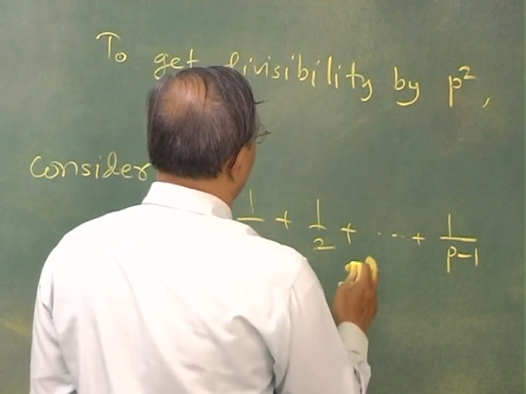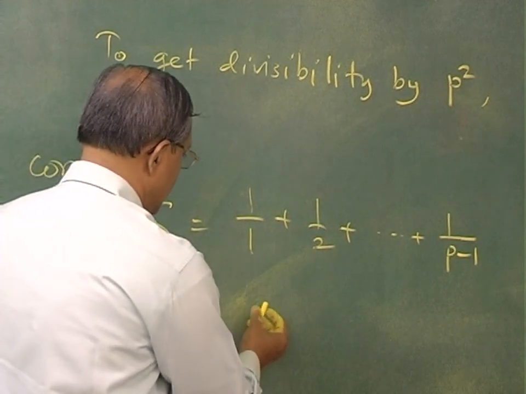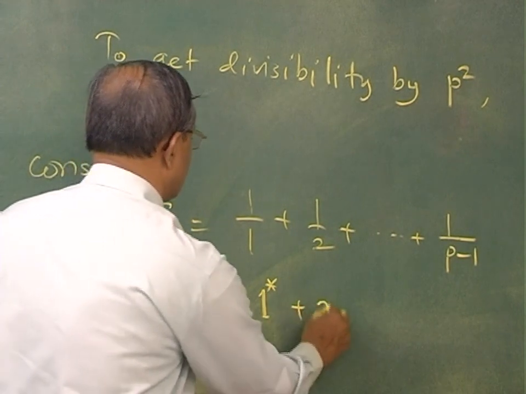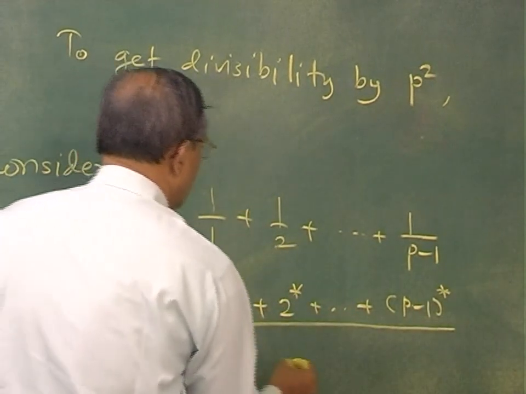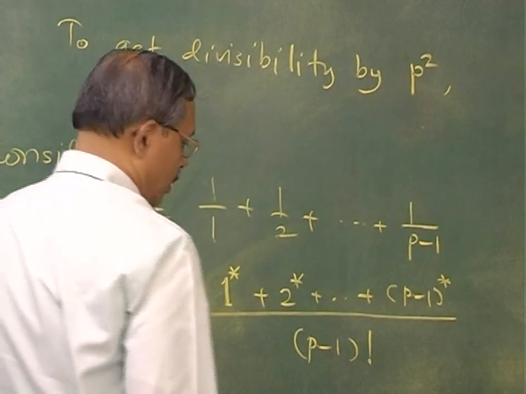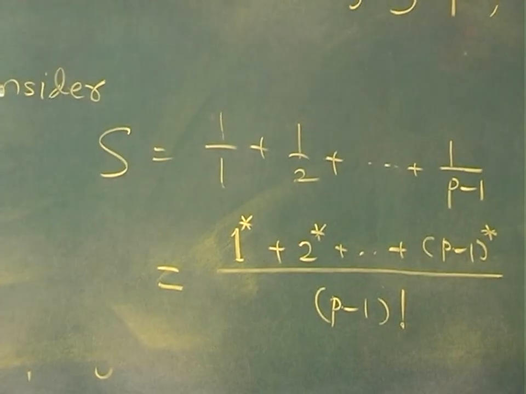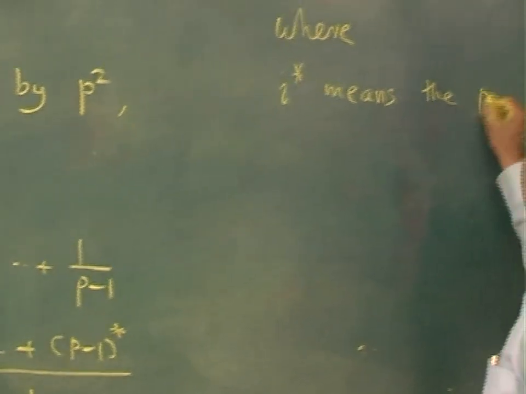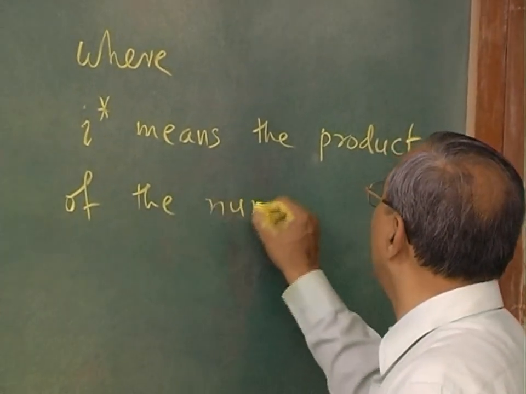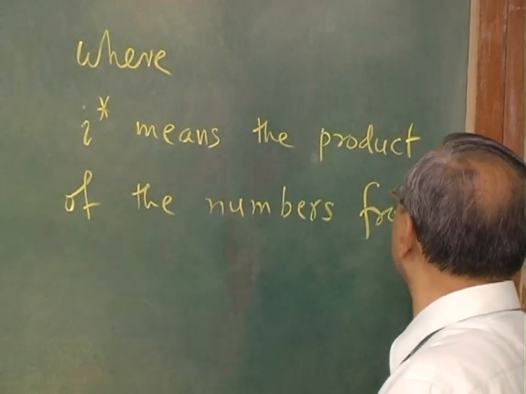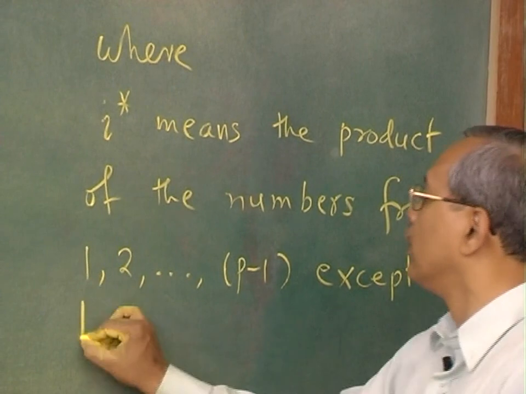So the numerator, when you do this adjustment, will become, let me write this as 1 star plus 2 star plus etc. plus p minus 1 star, divided by p minus 1 factorial, where i star means the product of the numbers 1, 2, etc. up to p minus 1 except the number i.